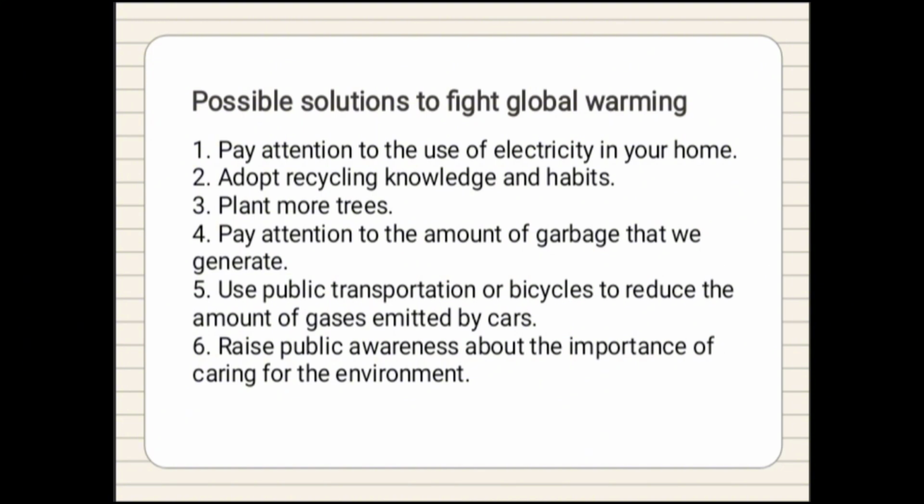Fourth, pay attention to the amount of garbage that we generate. Fifth, use public transportation or bicycles to reduce the amount of gases emitted by cars. Lastly, raise public awareness about the importance of caring for the environment.